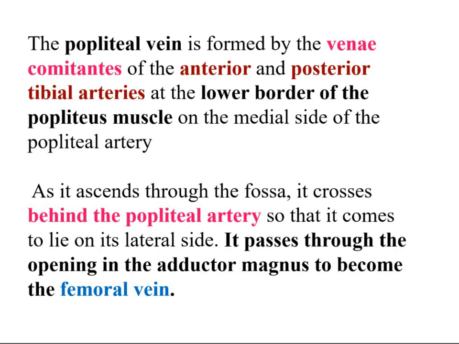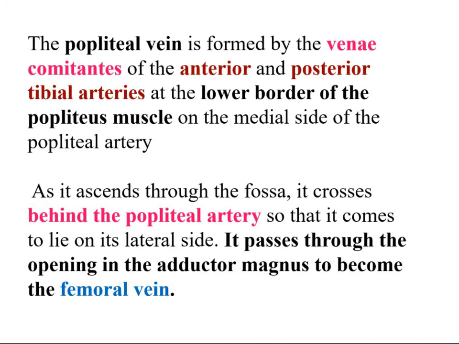So how is this popliteal vein formed? The popliteal vein is formed by the venae comites of the anterior and posterior tibial arteries at the lower border of popliteus muscle on the medial side of popliteal artery. ठीक है, तो जितने भी वेना कॉमिटीज आपकी पोप्लिटियल आर्टरी को अकम्पनी कर रही होंगी वो सारे मिलके आपकी पोप्लिटियल वेन बना देंगे ऑन द लोअर बॉर्डर ऑफ पोप्लिटियस मसल. ठीक है.